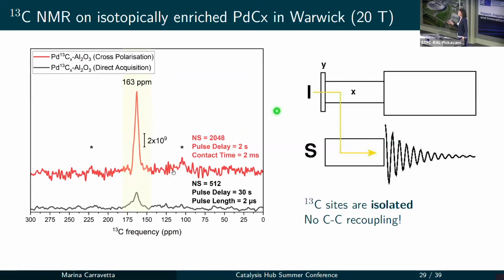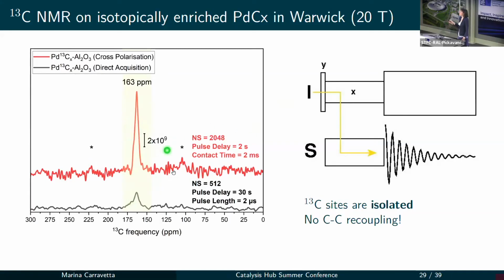So both experiments are very consistent, with the peak position here at around 163 ppm. This chemical shift is completely different from what we would expect for ethanol, but it's also completely different from the signal of ethylene. So this is clearly the product we are interested in.